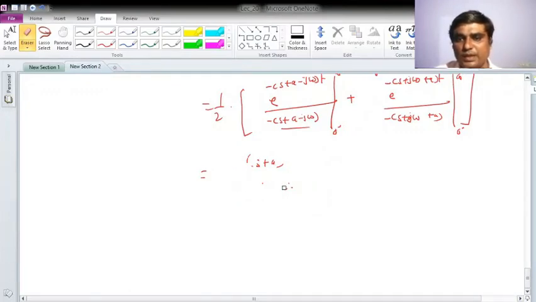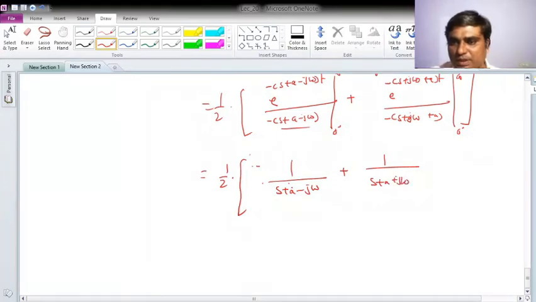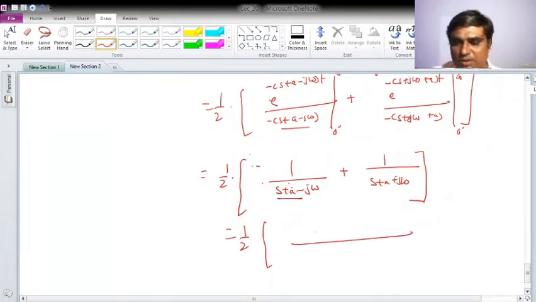Let us solve quickly. So 1 over 2 will be as it is. The solved integral is 1 over s plus a minus j omega, plus 1 over s plus a plus j omega, and the denominator will be s plus a square and j square, so s plus a square plus omega square.